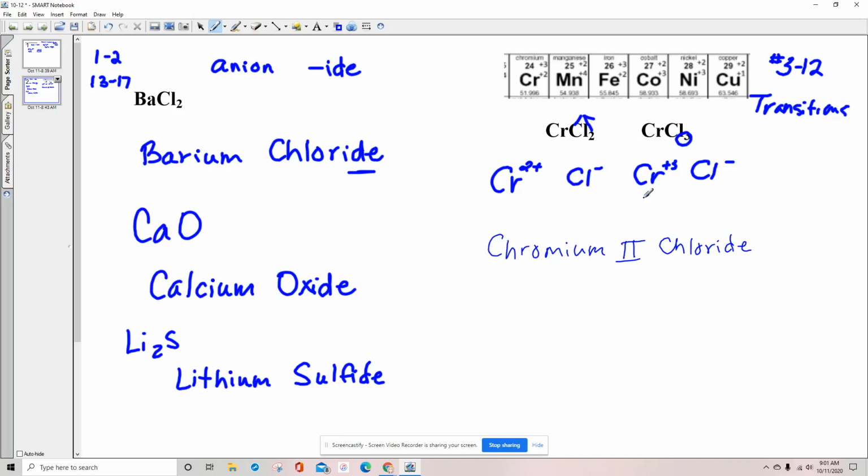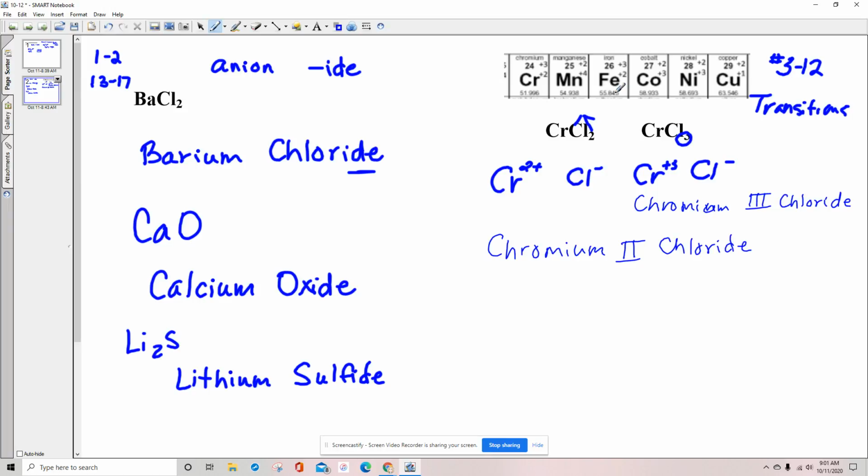And this one here becomes chromium, oops, let's spell that right, and then Roman numeral 3, chloride. And so that happens with all of these that have multiple oxidation states.